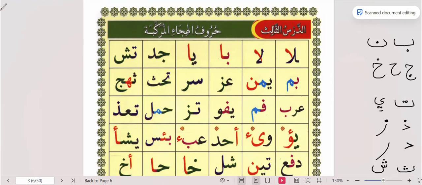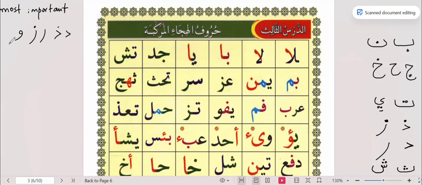But the most important thing to remember with respect to this lesson is there are about five letters which are curved letters which do not join to the following letter, like letter Dal, letter Zal, letter Ra, Za, and Waw.